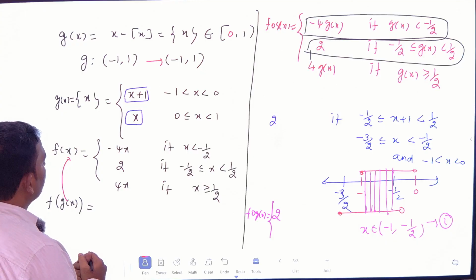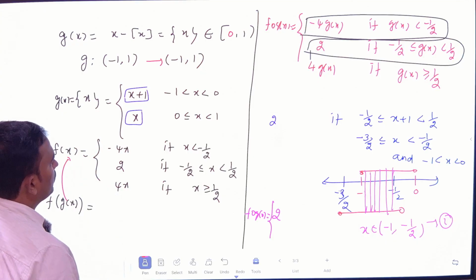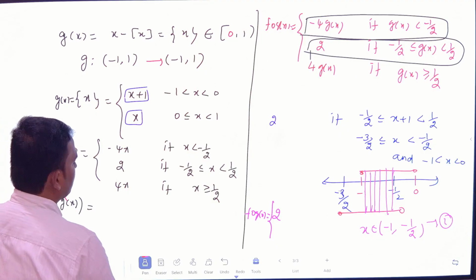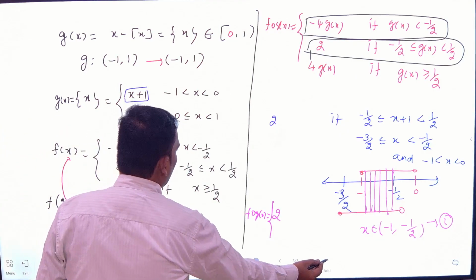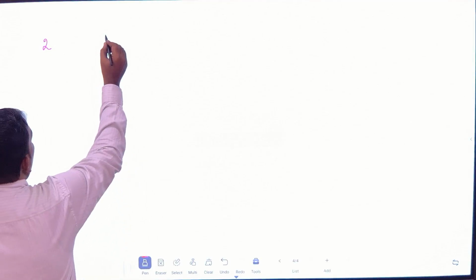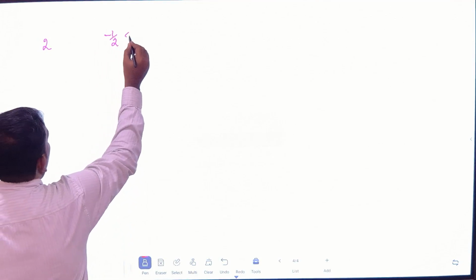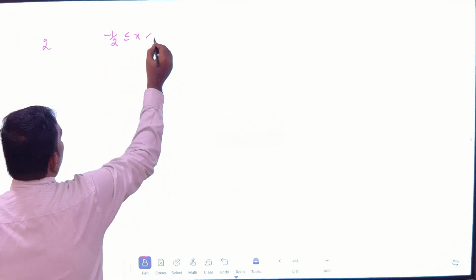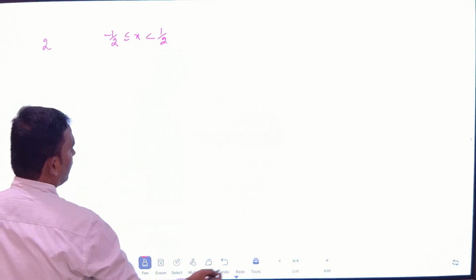So next you fix the second function, right? Second function. So I'll take this one on the next page. The second function is what? 2. So 2, if x is minus 1 by 2 less than x less than 1 by 2, correct?